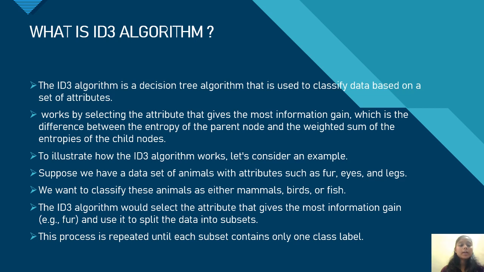So you are going to calculate based on the information gain, and this information gain is nothing but the entropy of the parent node minus the weighted sum of the entropies of the child nodes. From this we get the subsets, we repeat, and we split the data into subsets, and the procedure is repeated until each subset contains only one class label.